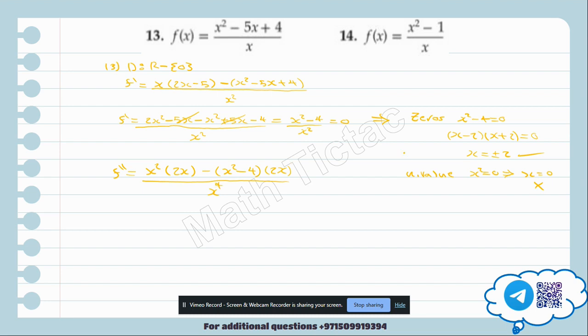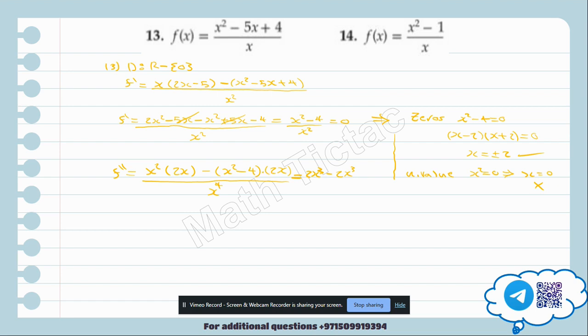Now let's simplify it a little bit. That gives 2x cubed, which is 2x multiplied by x squared. Then I enter the minus with 2x, giving minus 2x multiplied by x squared, which is minus 2x cubed.